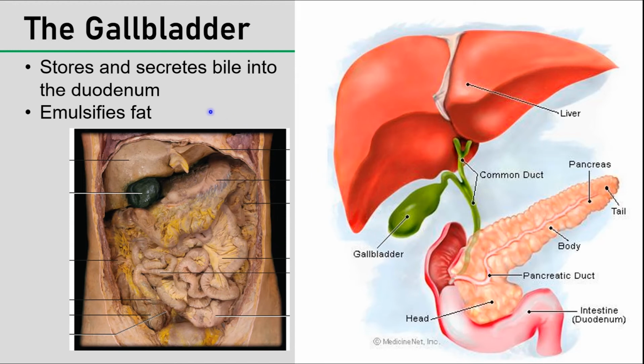So the role of bile is to increase the pH of the duodenum, because remember we've had all this stomach acid pass into the duodenum. So it neutralizes this acid to a more friendly pH to prevent damage to the intestine. But it also acts to emulsify fat. Fat, as we know, is hydrophobic.